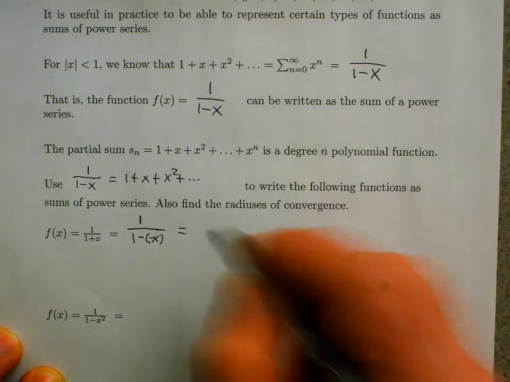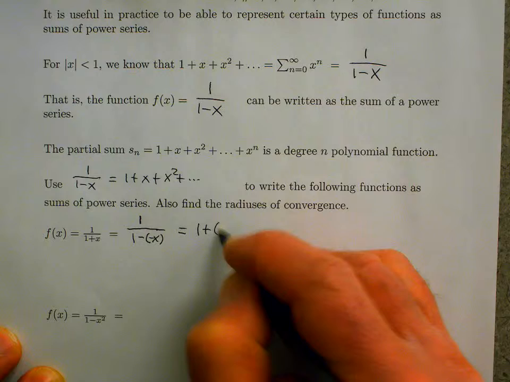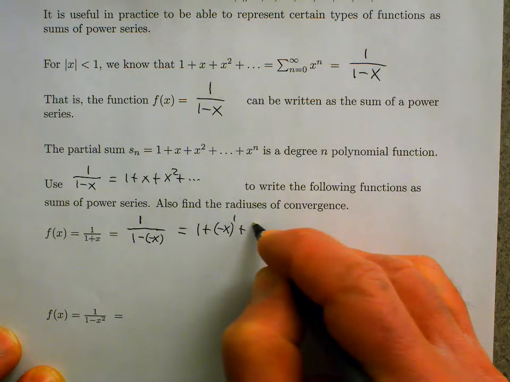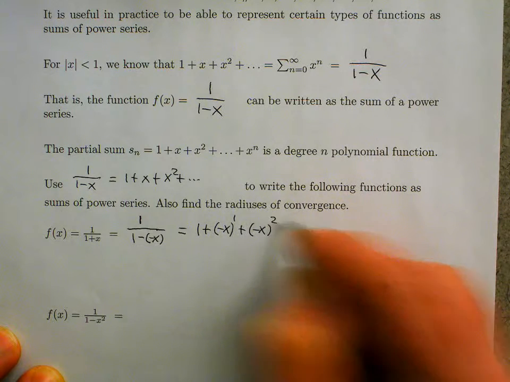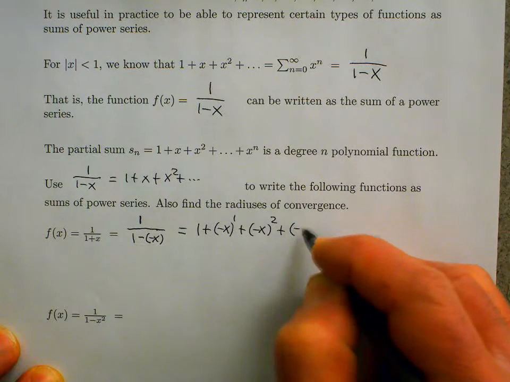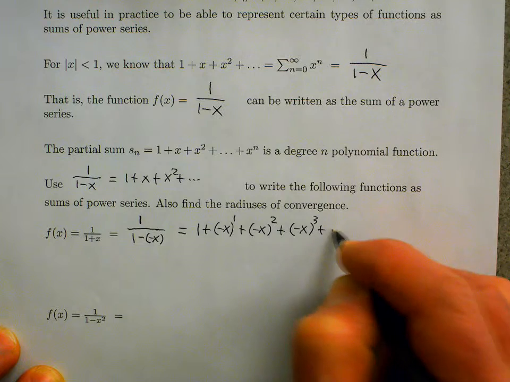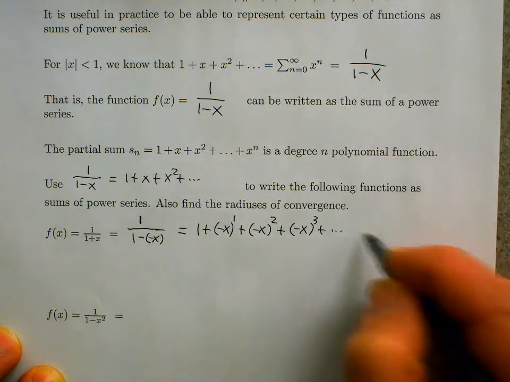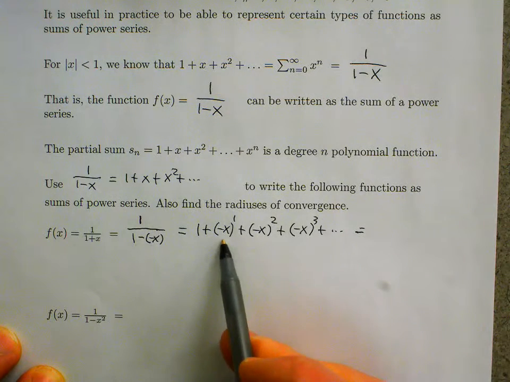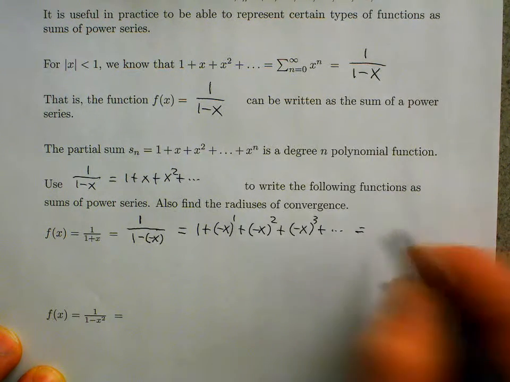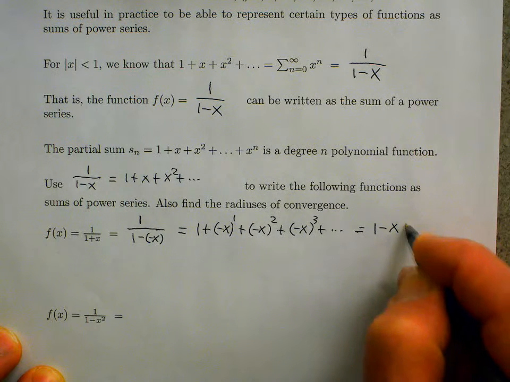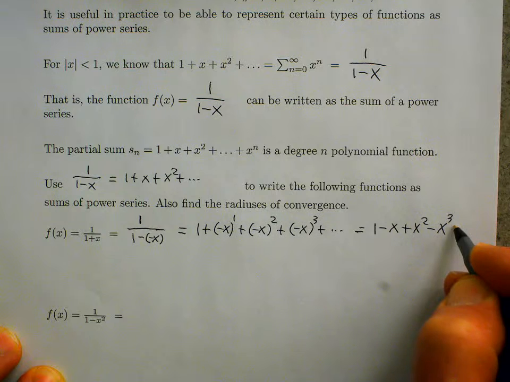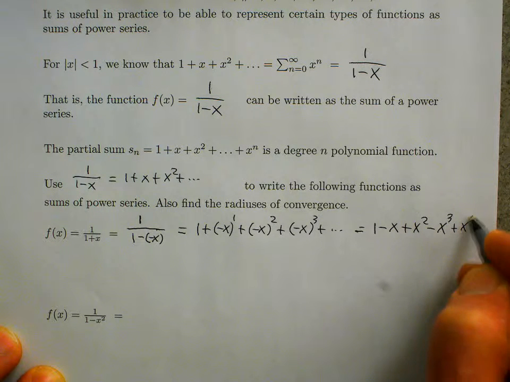And we'll get 1 plus the term negative x to the first, plus the term negative x to the second, plus the term negative x to the third, and so on. So when we evaluate each of those, we'll get 1 minus x plus x squared minus x to the third plus x to the fourth, and so on.